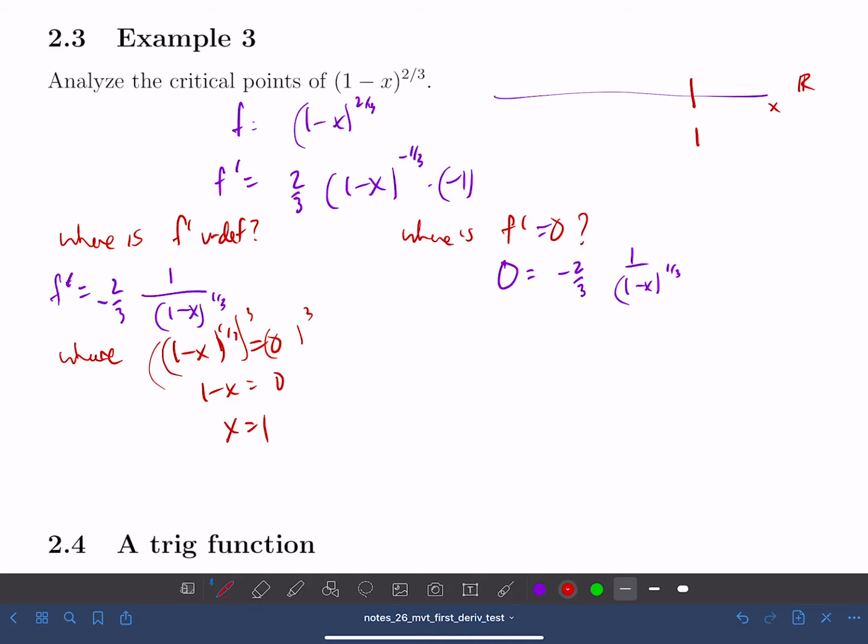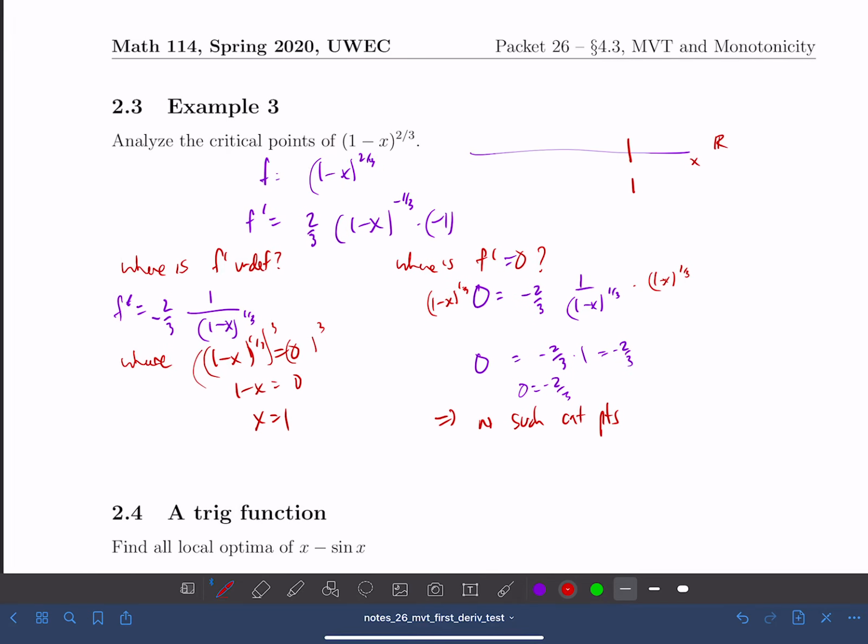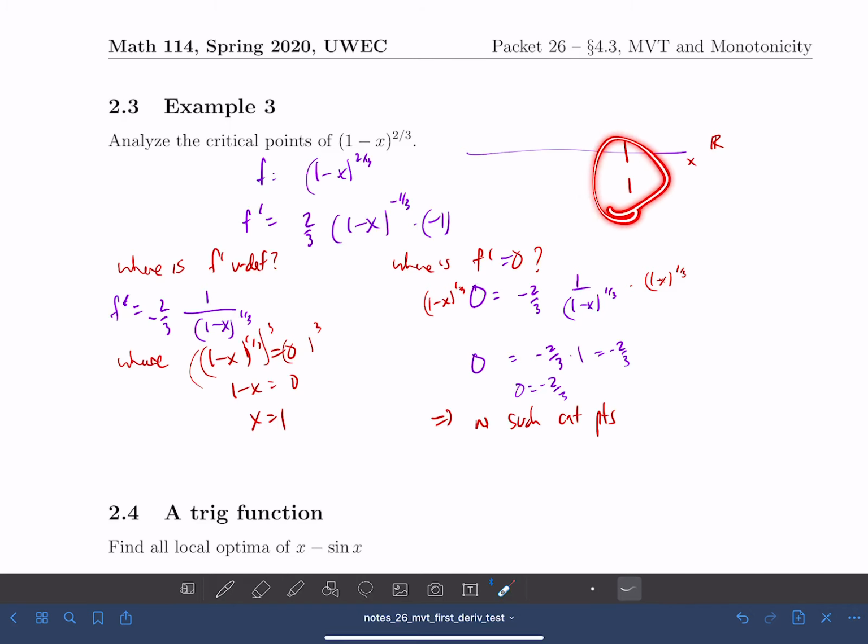And so I'm going to multiply by 1 minus x to the 1/3, explicitly noting that I'm not letting that be 0 right now. Fine. On the left-hand side, 0 equals -2/3 times 1. So 0 equals -2/3. What an absurd statement. That means that no such critical points exist. So my only critical point is 1.